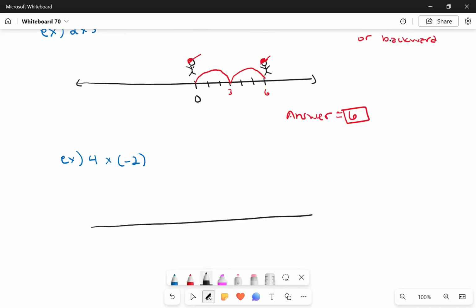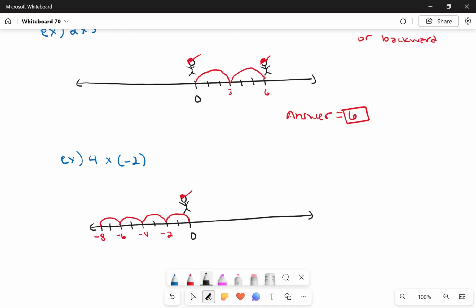They're going to be standing at 0, still facing the positive direction. But now, instead of moving forward, they're going to move backward 2 spaces. So they're going to make backward leaps of 2. Back by 2, again, again, and again, landing at -8 when they're done.